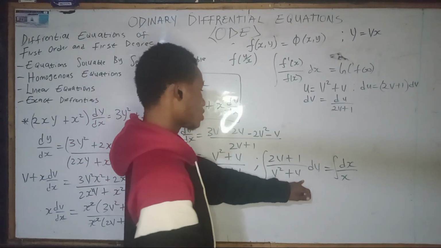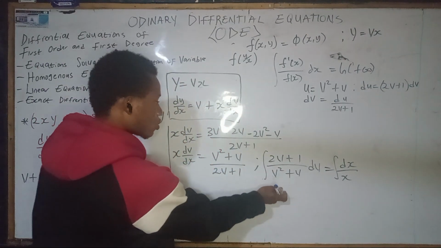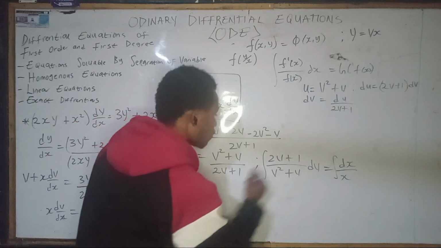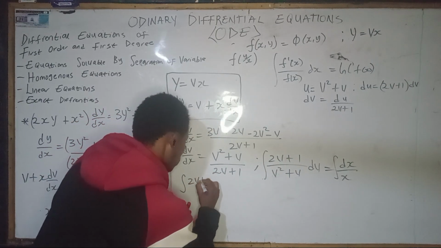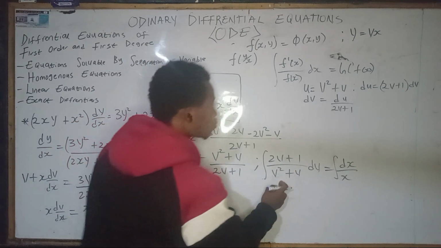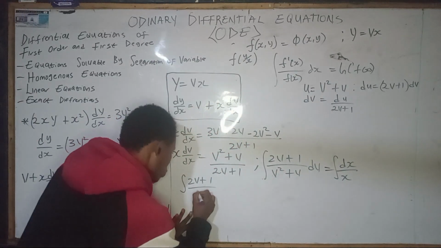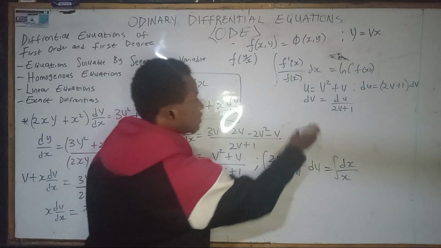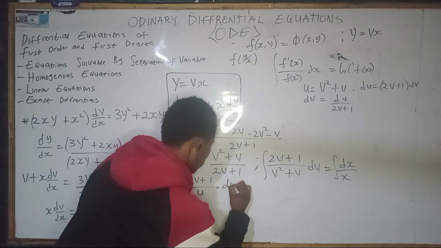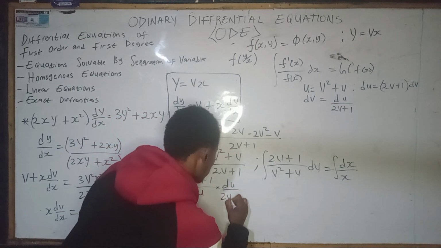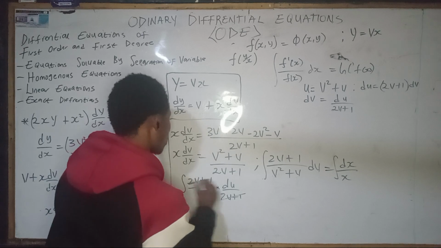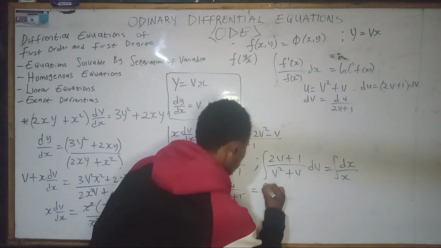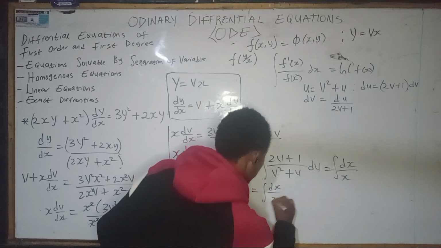If we substitute it into this equation, it becomes the integral of (2v + 1) over (v² + v), which has become u, times dv, which is du over 2v + 1. The 2v + 1 cancels the 2v + 1, and this is equal to the integral of dx over x.